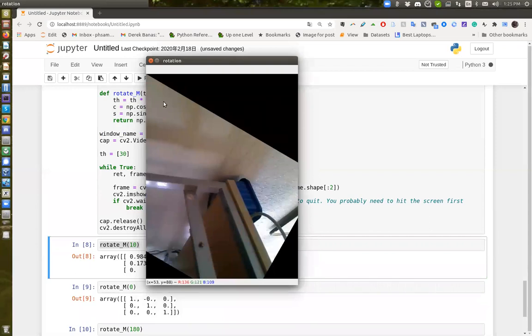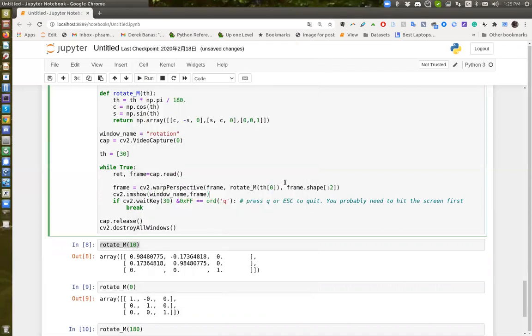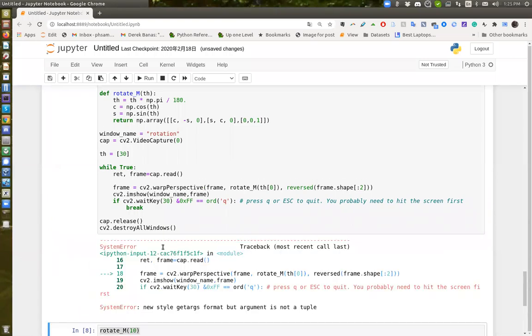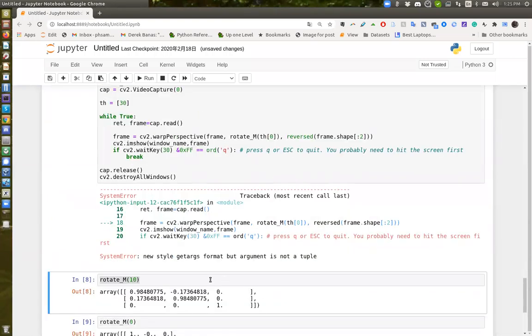So I have warped this image. Oh yeah, but the shape here, I guess the x and y are flipped. So maybe I want to reverse the order. Let me see if I can do that. Reverse. No, I cannot actually because it's expecting a tuple. So I guess I need to do it explicitly.